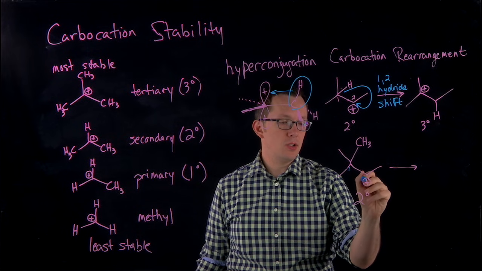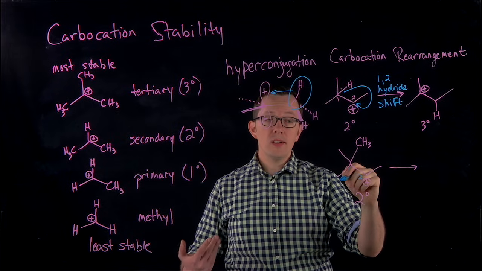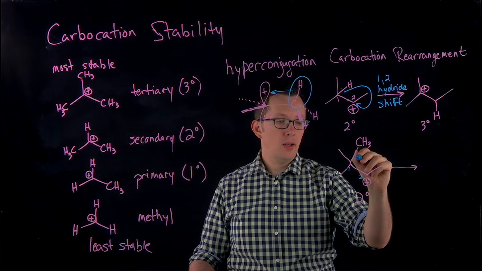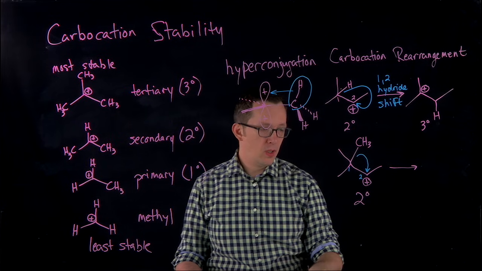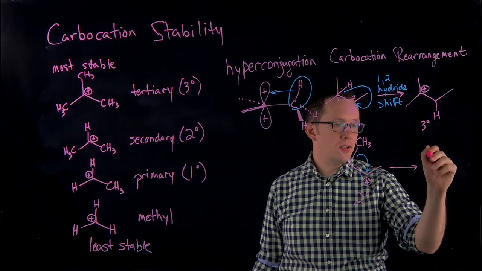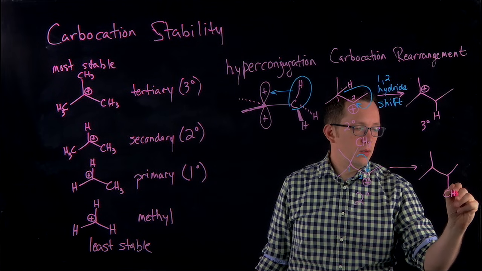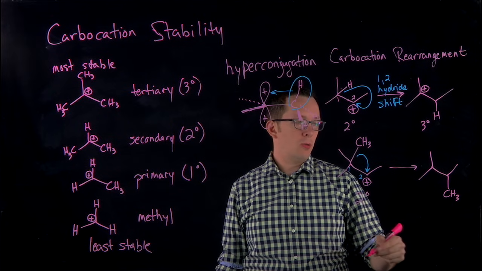So again, this is position 1, this is position 2. So we're going to take the methyl group with its electrons, so it's moving as a methyl anion, and it's moving from position 1 to position 2. And so we can draw the product of this, draw on the methyl that we moved, and now, where's our carbocation?